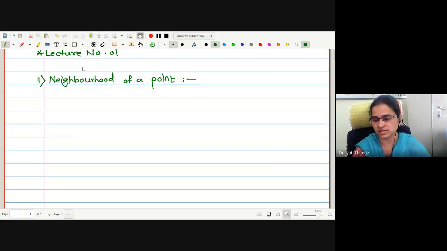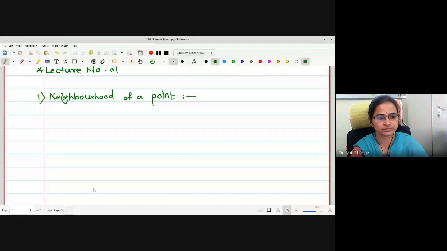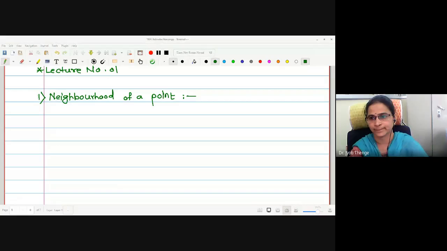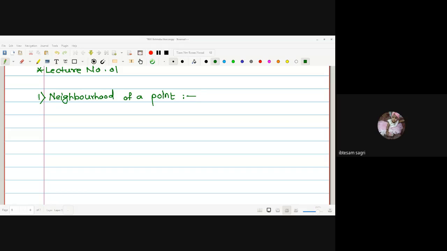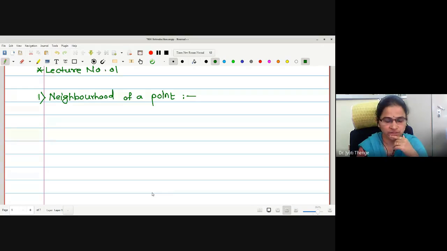Yes, can anyone answer what is the neighborhood of a point? Students? Point containing itself and the points outside, somewhat the area around it. Area around it. Okay. That's good, but it's not exactly our textbook definition, right, ma'am?